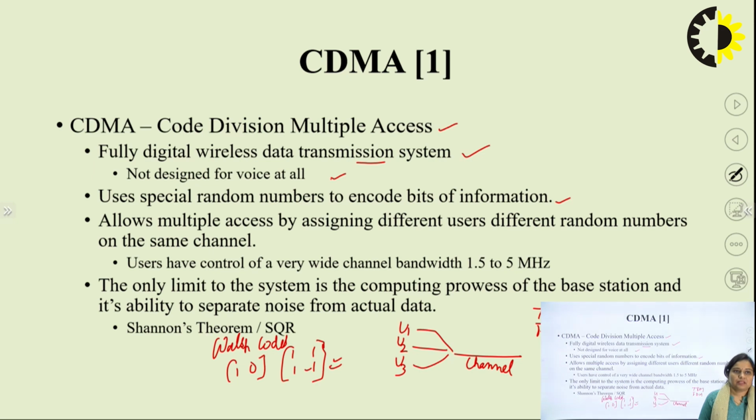Next, it allows multiple access by assigning different users different random numbers on the same channel. So, let us say 4 users are associated with this particular channel. Now, to each user there is a code: code C1, code C2, code C3, code C4. Now, how will these codes be generated?